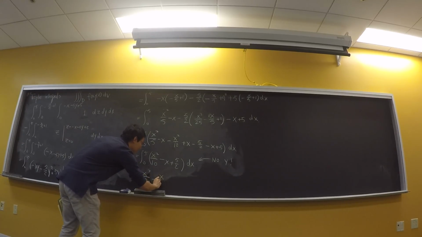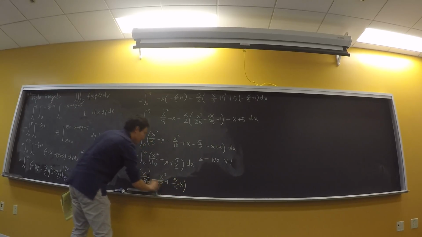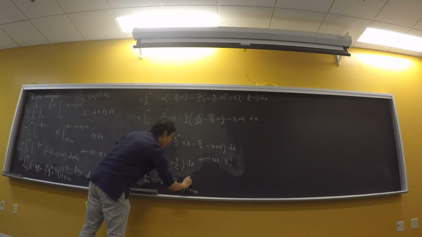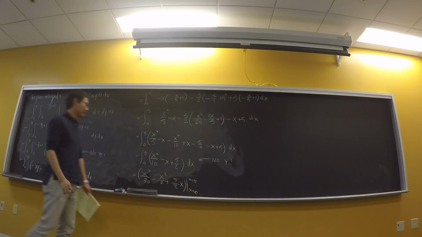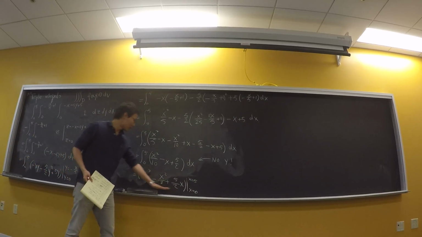Minus x squared divided by 2 plus 5 divided by 2x. If I'm looking from x equals 0 to x equals 5, all right? Again, when x equals 0, the whole polynomial is going to disappear.